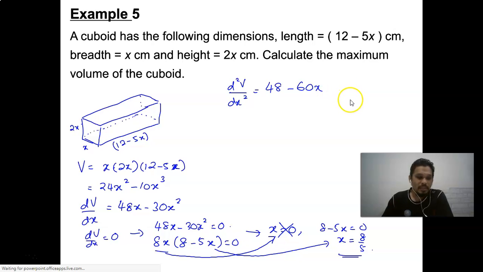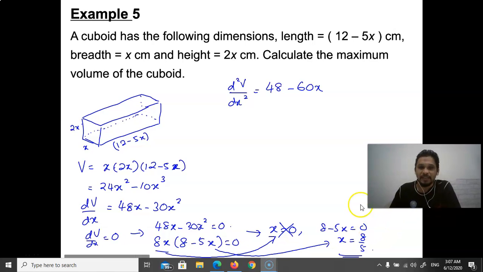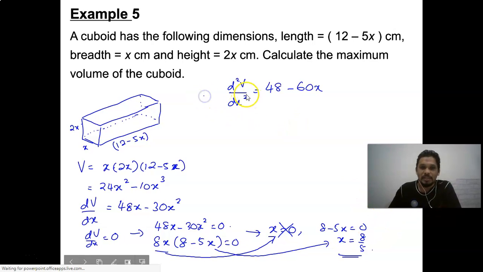Then, for the second derivative, we substitute x. Once we have found the second derivative of V with respect to x, 48 minus 60 times x, then we substitute this value of x.